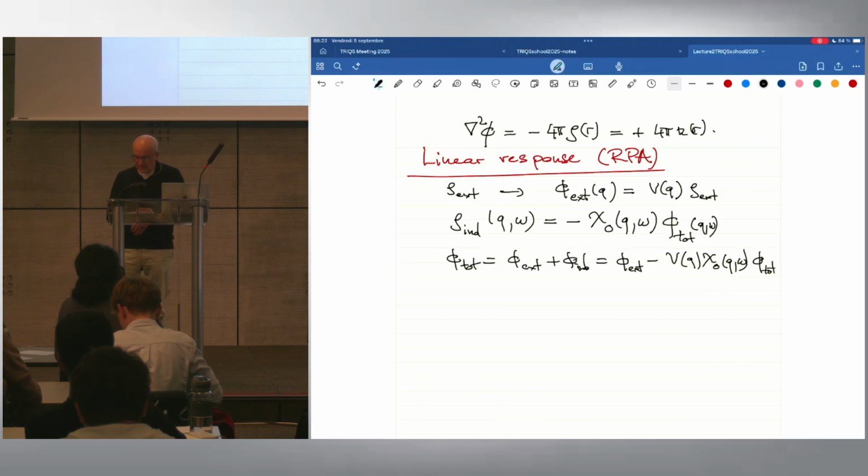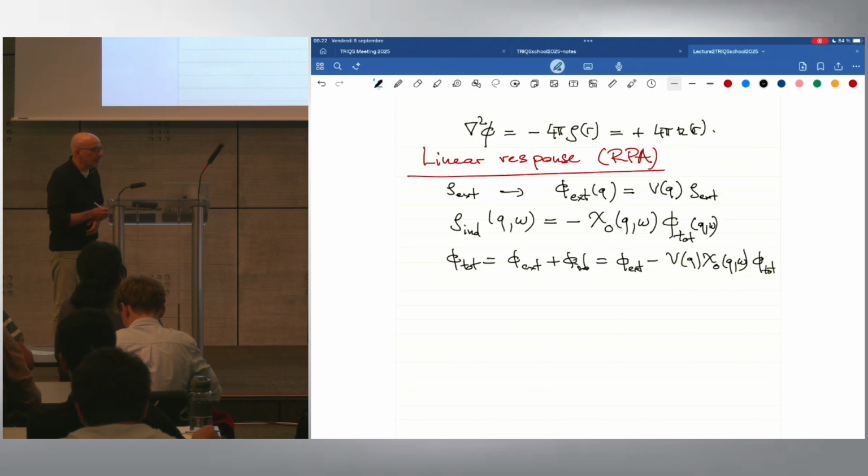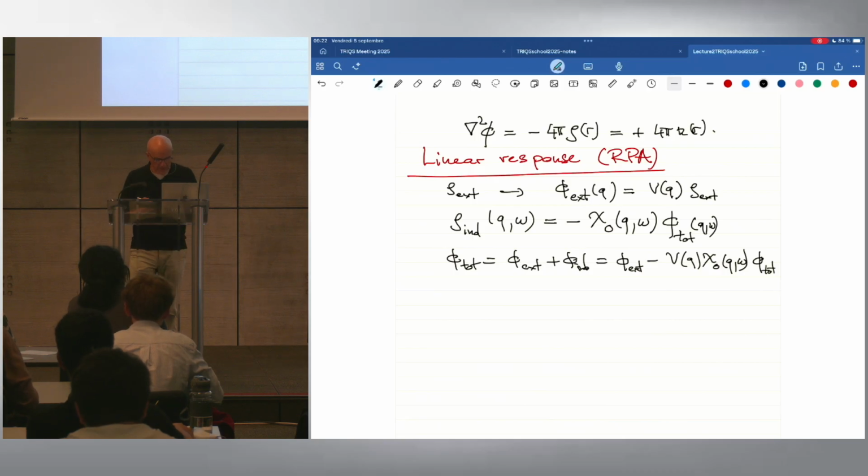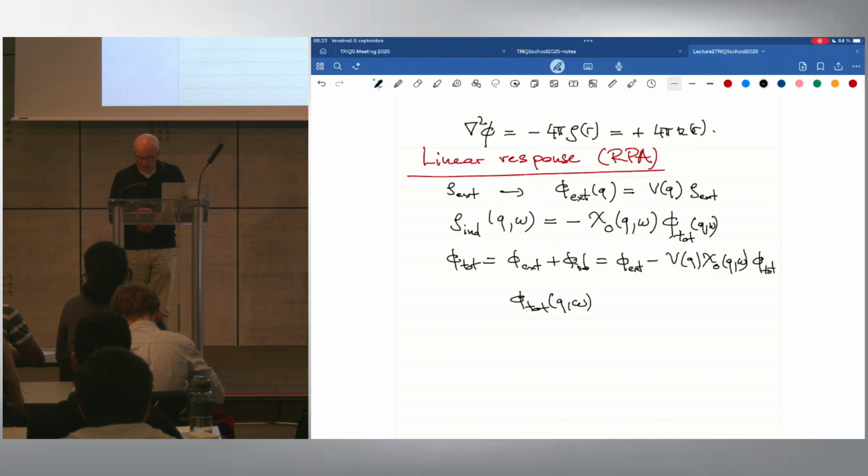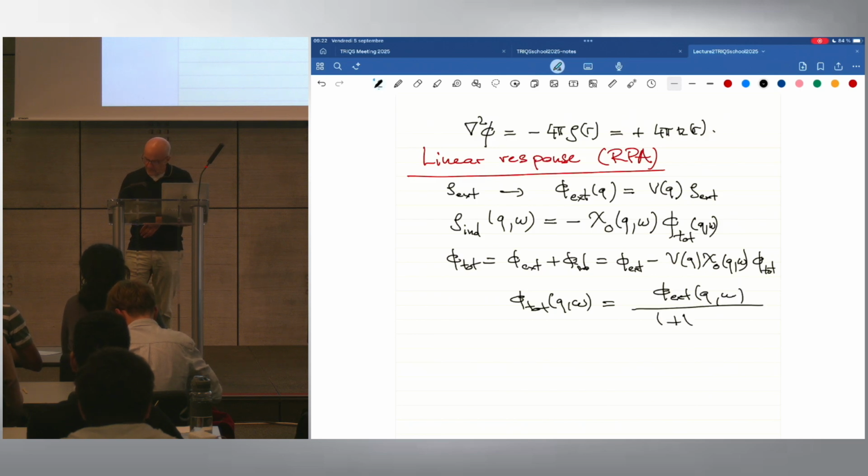And so you see that this equation gives me a self-consistent equation for phi total, which, when I solve it, tells me that the total perturbation of the electrostatic potential is given by the external perturbation that I have introduced, phi external of q and omega, divided by 1 plus v of q, the Fourier transform 4 pi over q squared of the bare interaction, times chi naught of q and omega.